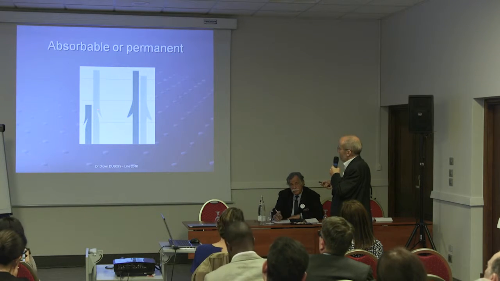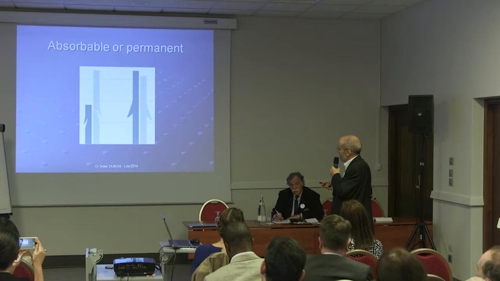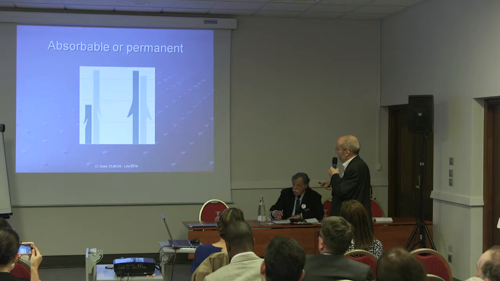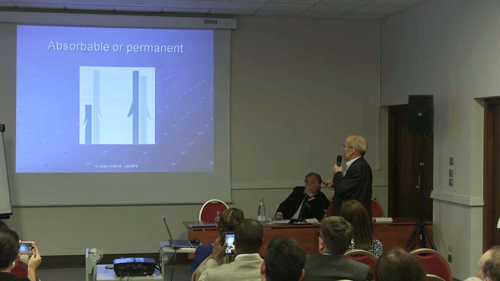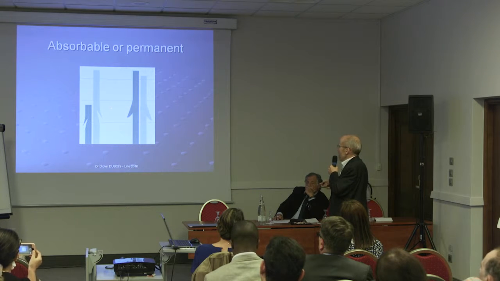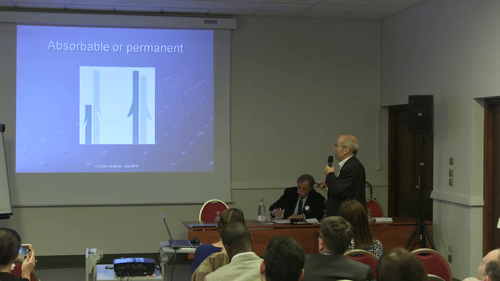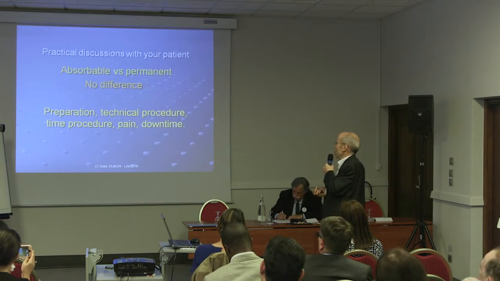And so the thread is not so strong. You can see here it's thinner. If you choose an absorbable thread, you must choose a thread that has cogs added on the thread, not the cutting method. This is also important.